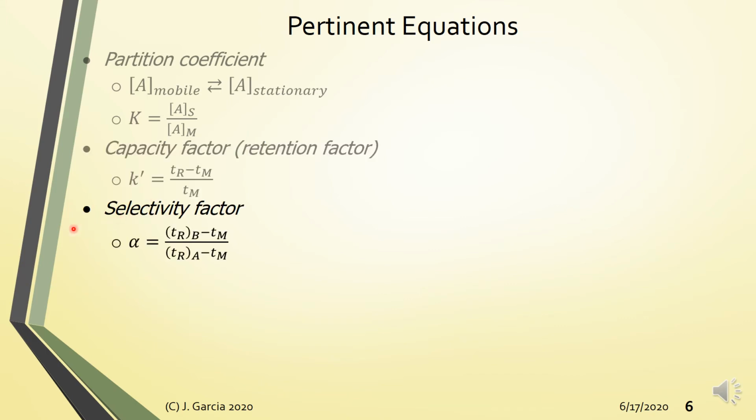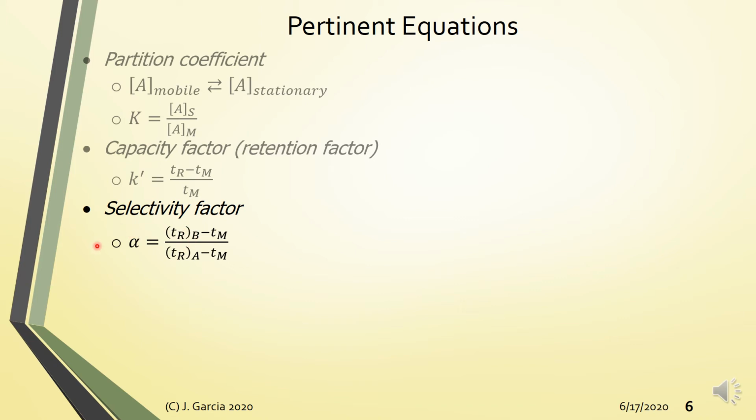Next, you have your selectivity factor, given by alpha. This simply relates the relative retentions of two adjacent solute peaks. So you have here the equation: the corrected retention time for solute B over the corrected retention time for solute A, where B is the more retained species, so it has the higher retention time.